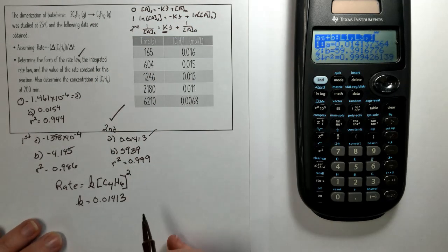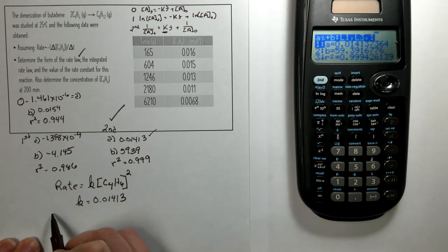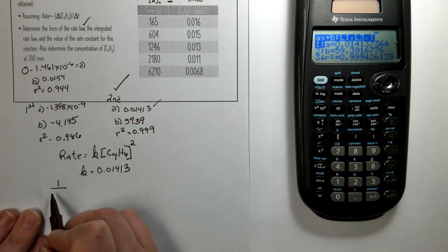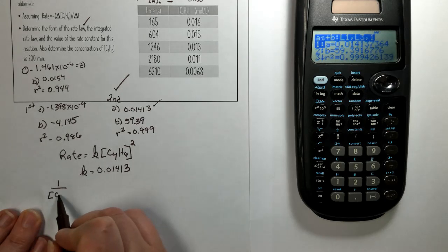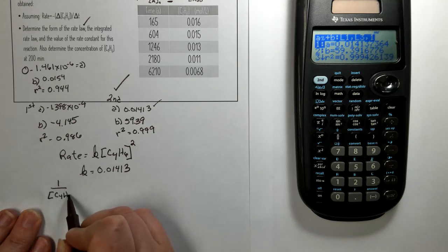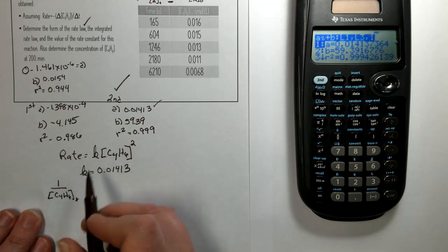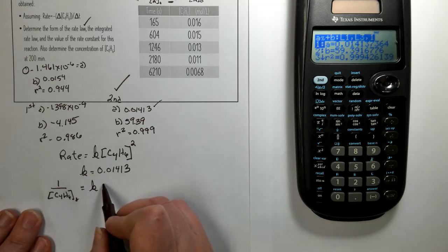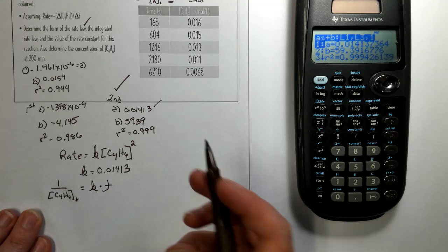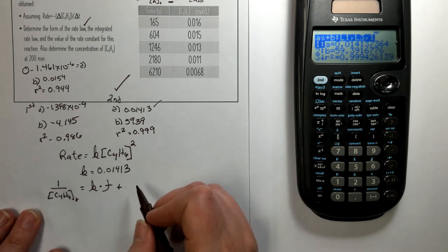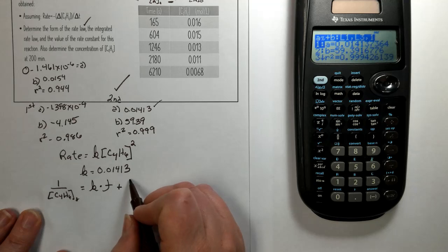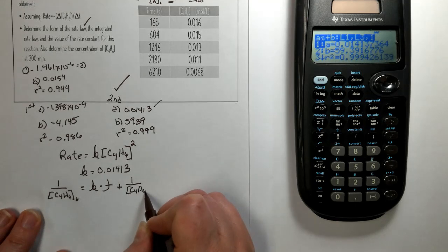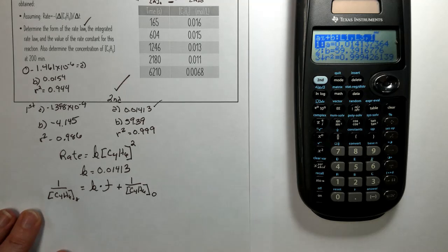The integrated rate law would be 1 over our concentration of C4H6 at time t is equal to K times our time in seconds plus 1 over our concentration of C4H6 at time 0, okay?